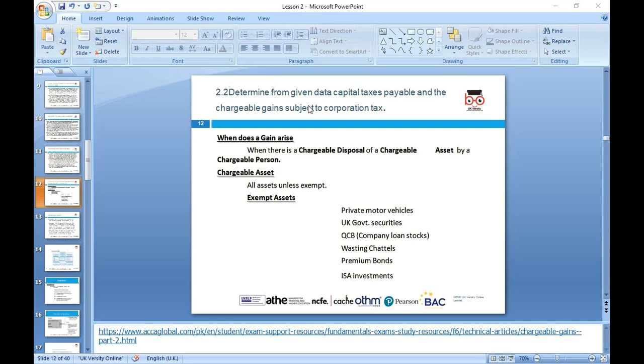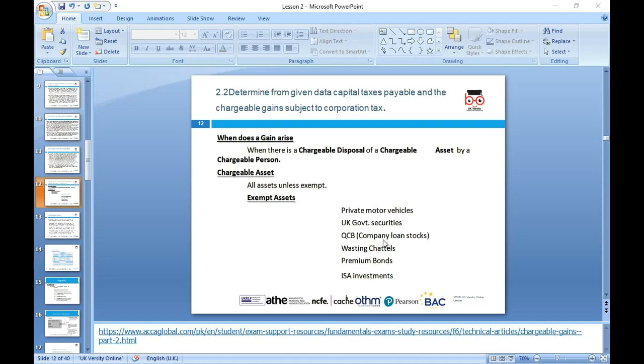So here, chargeable person means the resident. Some assets are exempt. A private motor vehicle, if you have bought it, won't come under the tax. UK government securities, if you bought them, their prices go up and down, but you're not supposed to pay capital gains tax there.